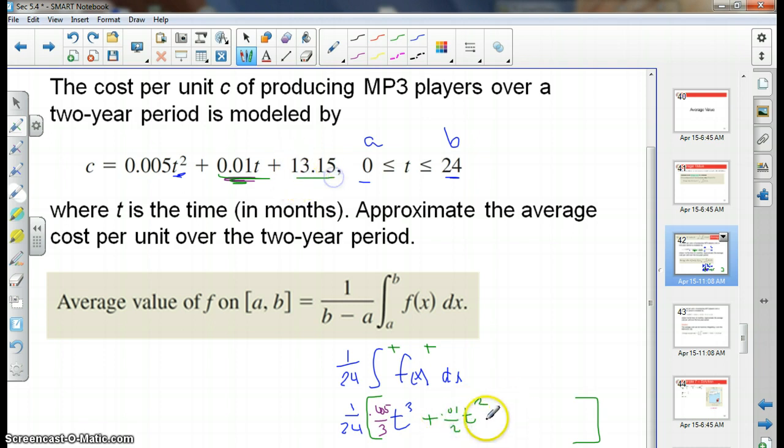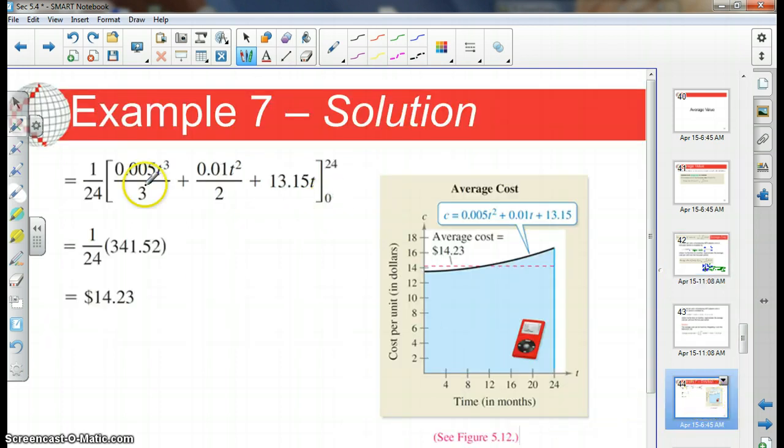And then this one's going to be plus just 13.15t divided by 1. So again, we're going to evaluate that between 0 and 24. I'll do f of b minus f of a, which is 0. So I don't think I have to do minus f of a because I think that'll be a 0. And the author has done that for us nicely and gotten $14.23.